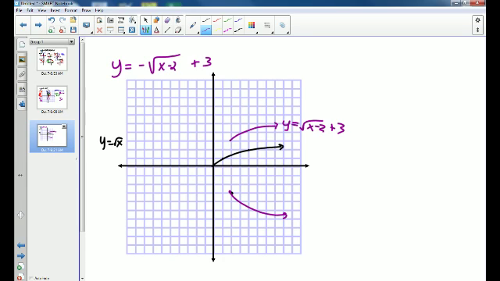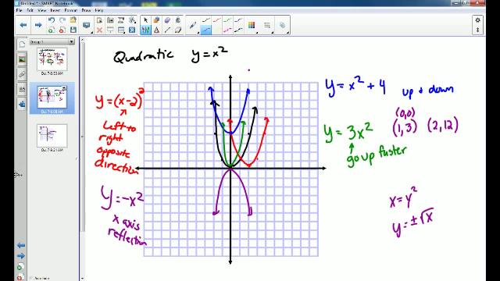Yes. So if anything is attached to the x, you do the opposite. So that would be right 2, but the y values are the same, plus 3. That same pattern here. We move this one to the right 2 units because it's paired with the x.